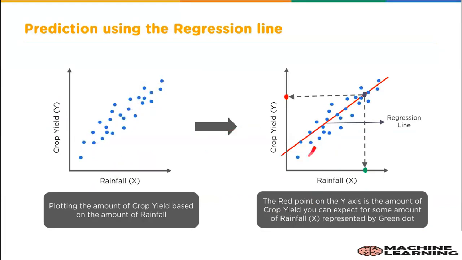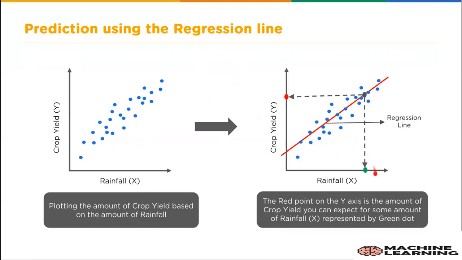If you fit a line, this linear line will show the relationship between rainfall and crop yield. This shows a positive slope. When the line trends upward, that is a positive slope. A line parallel to the x-axis is zero slope. A line trending downward is a negative slope.